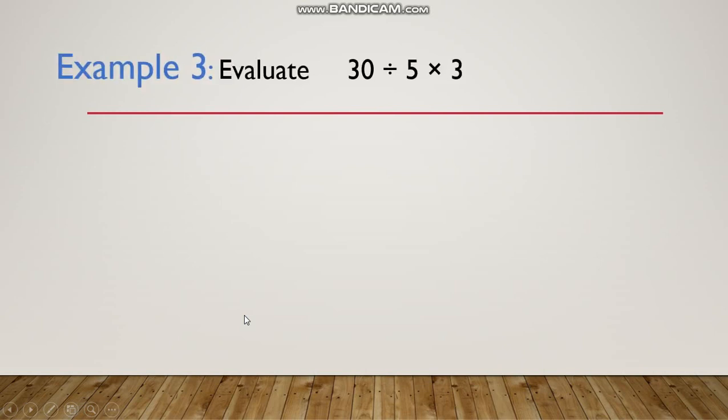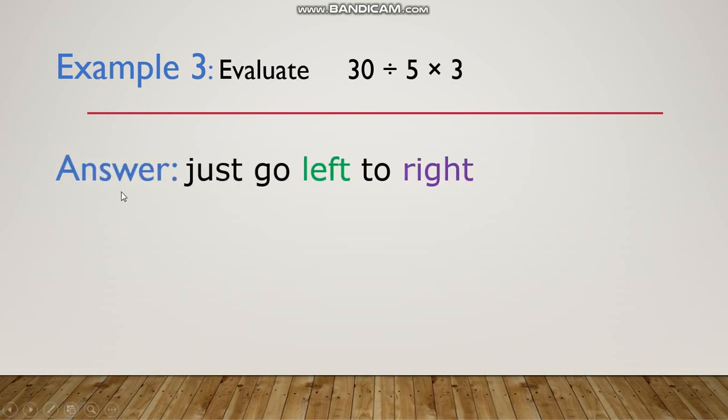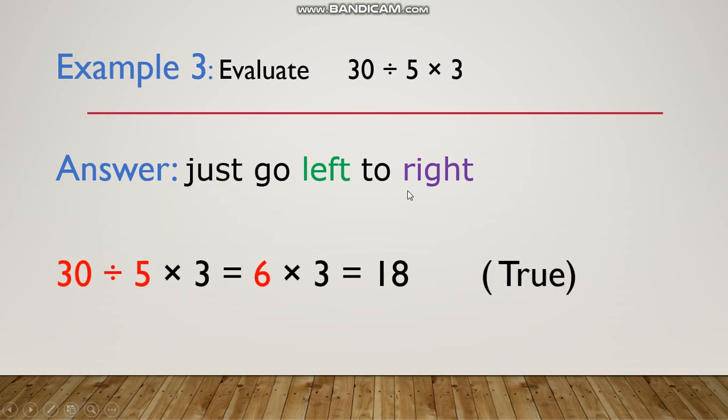Now let's take the last example. Example number 3. Evaluate 30 divided by 5 times 3. Division and multiplication are in the same order, and if you remember, addition and subtraction are in the same order. The answer is to just go left to right, because division and multiplication are in the same order, and you always start from left to right.